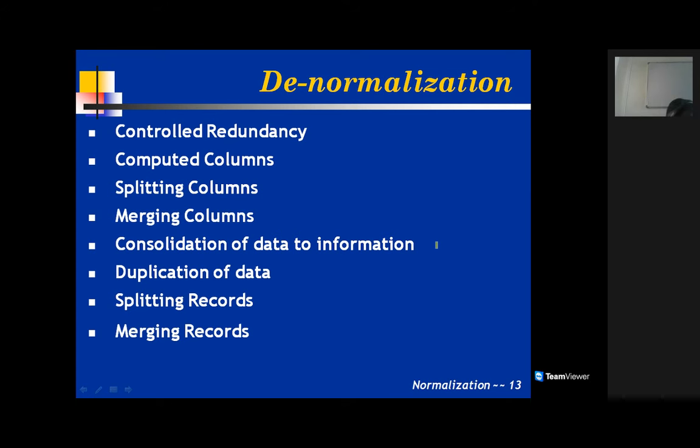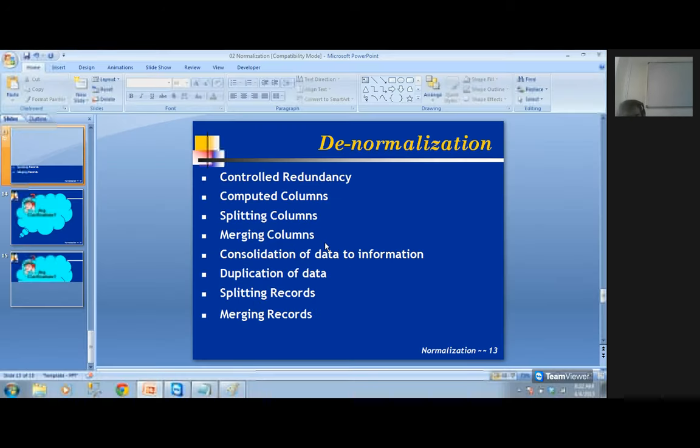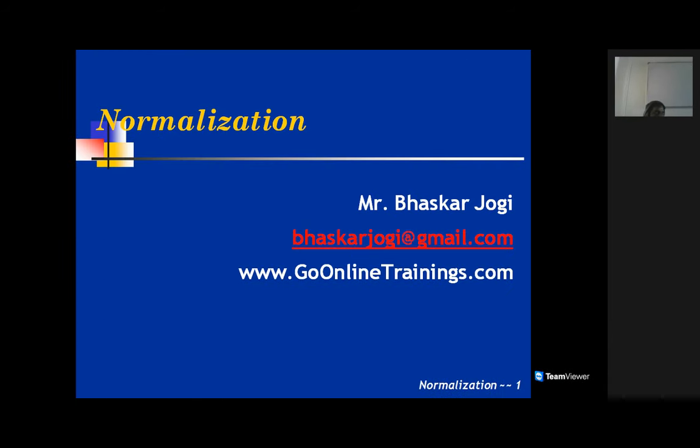Tomorrow we're going to discuss denormalization in detail. Normally we go for denormalization techniques only, not for any other. So tomorrow we'll speak about denormalization and the techniques used. Okay. Thanks, guys.